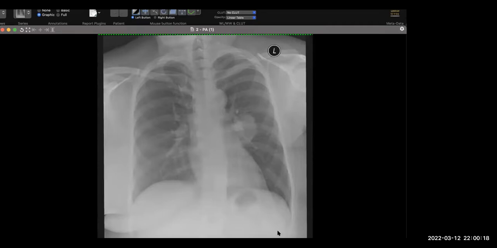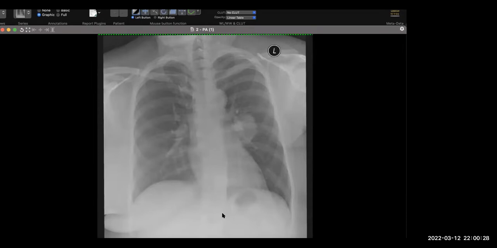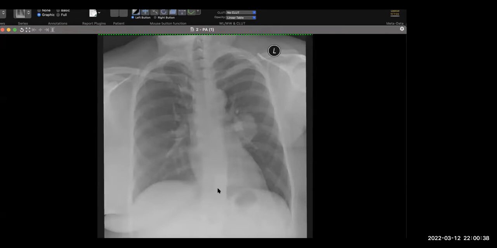The left breast shadow is not well appreciated in the given radiograph. So I would request any history for this patient that we may have. The patient does have a history of mastectomy. So in a case of mastectomy, I would think of a possible lung metastasis which has caused this finding.